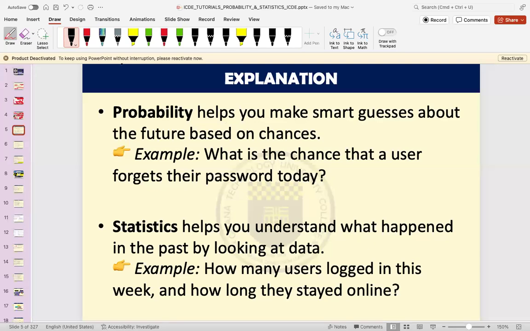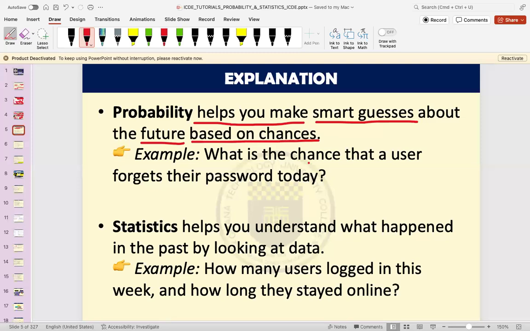So a further explanation we can give here is probability helps you, anybody, to make smart guesses about the future based on chances. Probability helps you to make smart guesses about the future based on the chances you have.